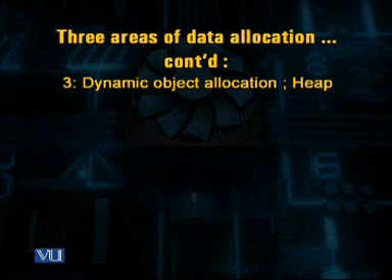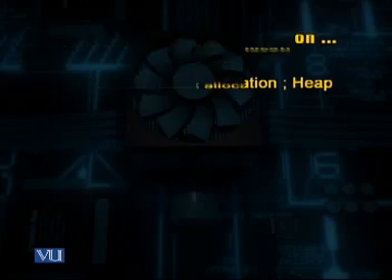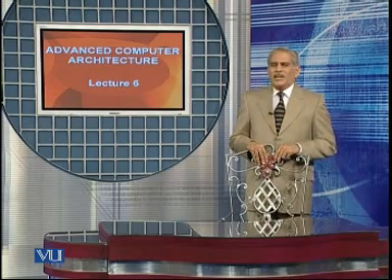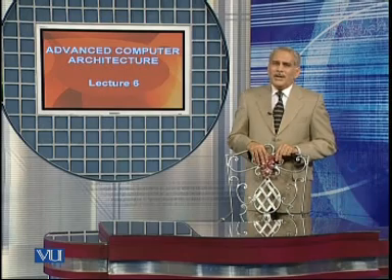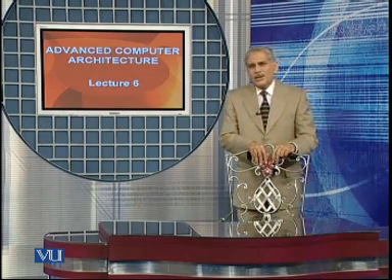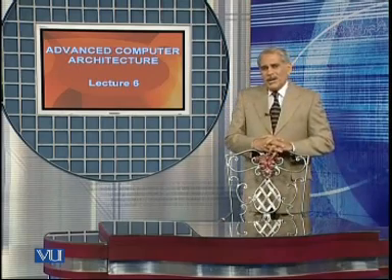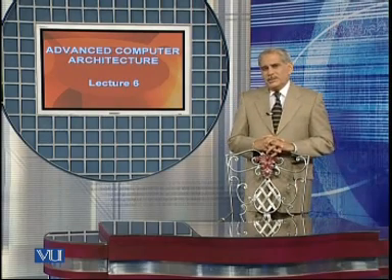The third type of data area is known as the heap. Heap is used for dynamic object allocation. The dynamic object allocation is used to allocate objects such that they do not adhere to stack. As we have mentioned earlier, the stacks are used for scalars, whereas the heap is used for the arrays.